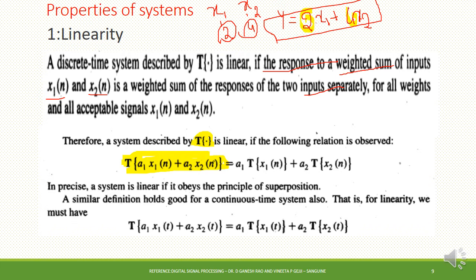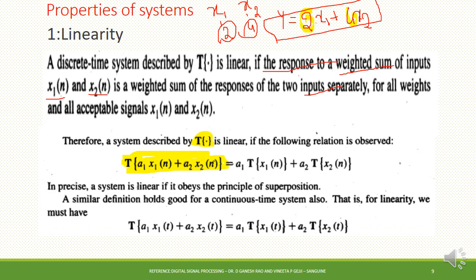In precise terms, a system is linear if it obeys the principle of superposition, the superposition theorem that you studied in the first semester. A similar definition holds good for the continuous time signal also.